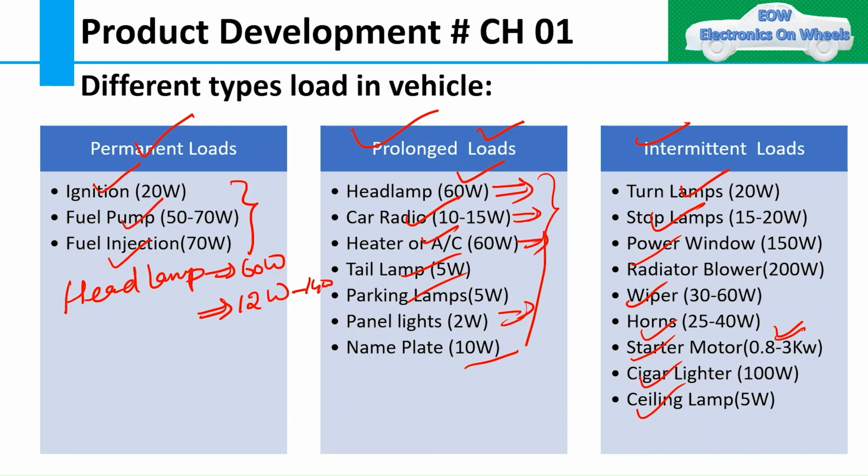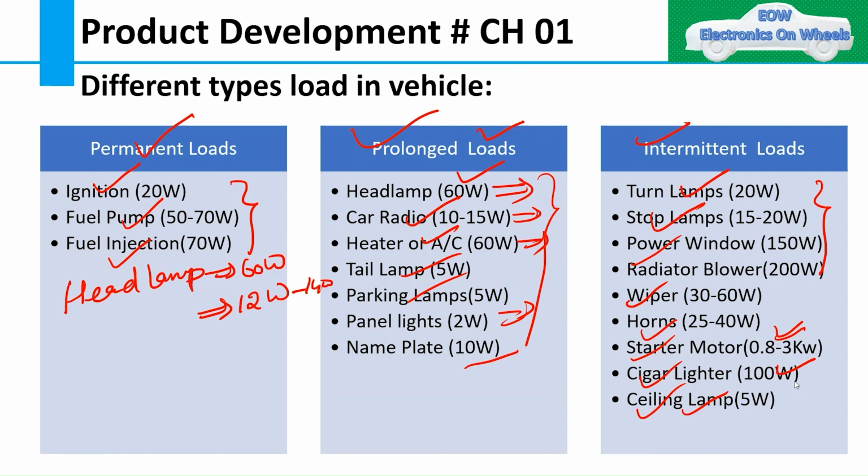It depends on what type of engine you are using and how much minimum revolution per minute is required. These things can vary, but these are the typical values you can take as a reference. Cigar lighter 100 watt, then ceiling lamp is 5 watt.